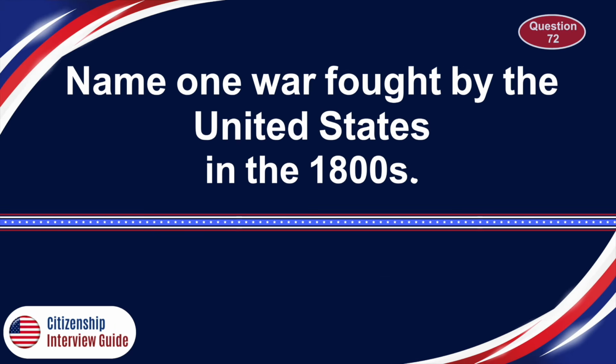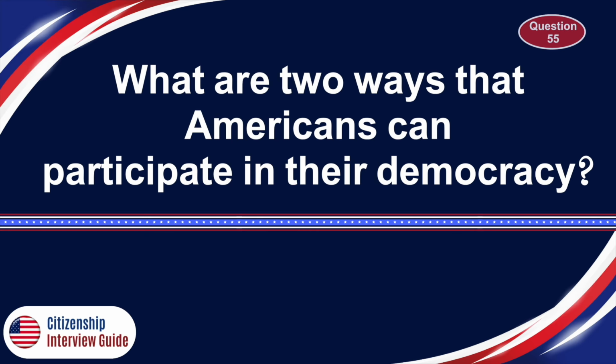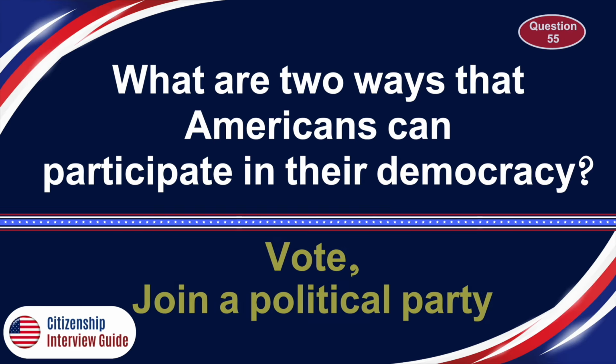Name one war fought by the United States in the 1800s. Civil War. What are two ways that Americans can participate in their democracy? Vote. Join a political party.